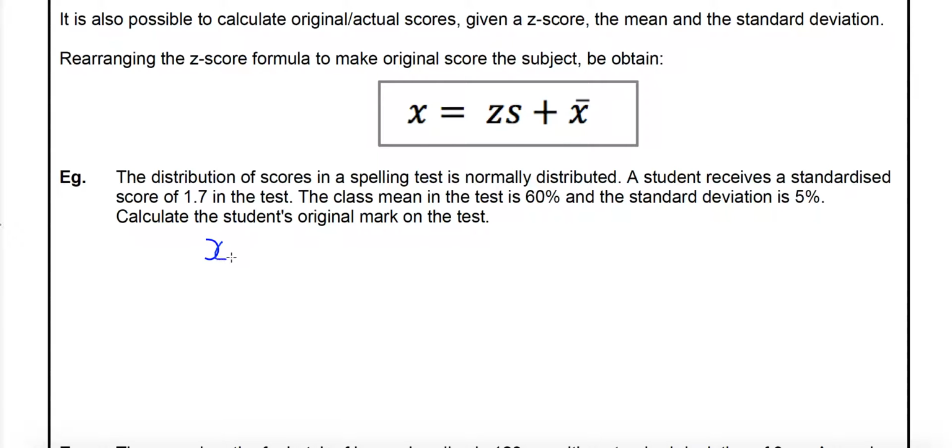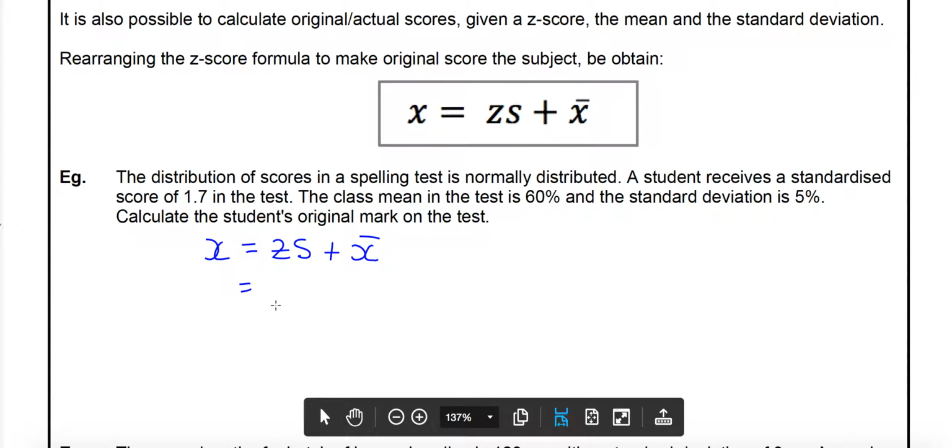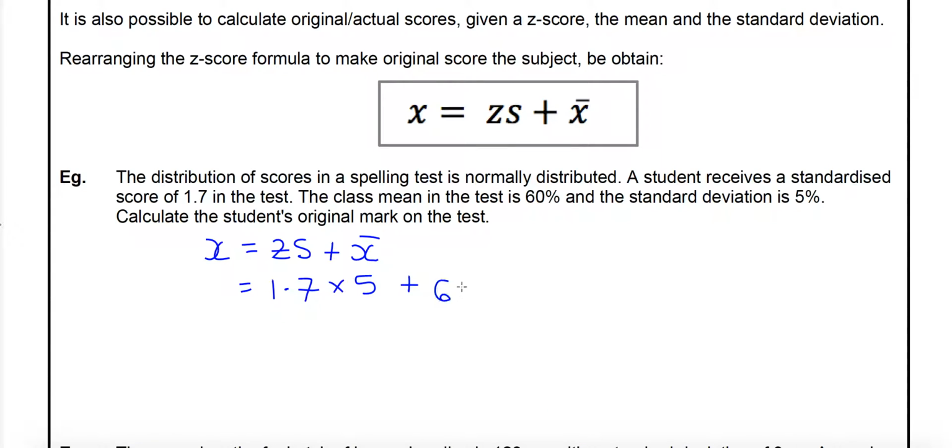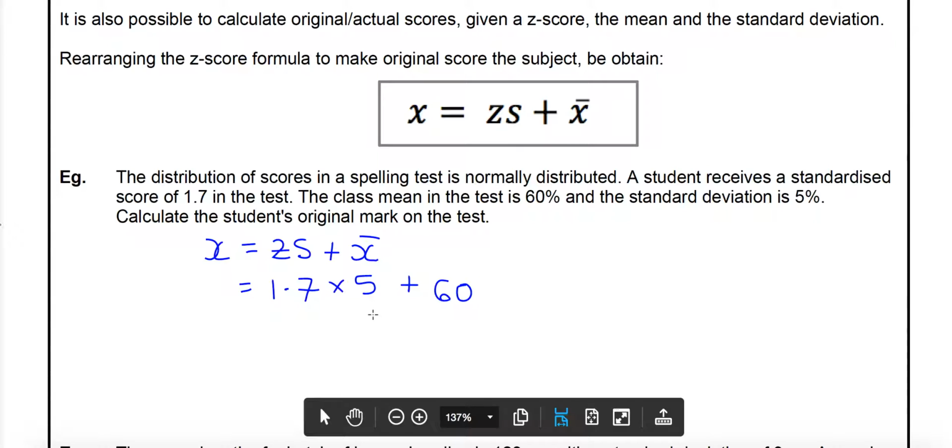So we're working with the original score is equal to the Z score times the standard deviation plus the mean. So we've got 1.7, which we're multiplying by 5, the standard deviation, and from there we'll add the mean, which was 60.